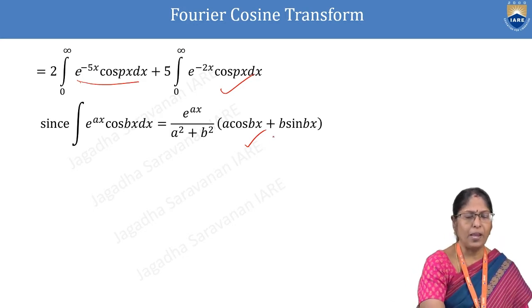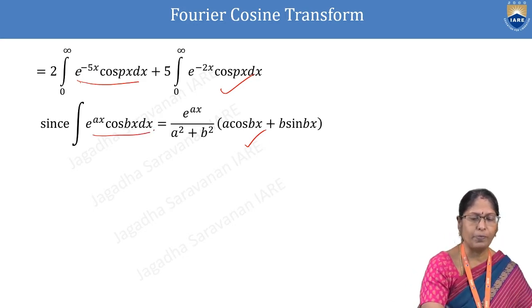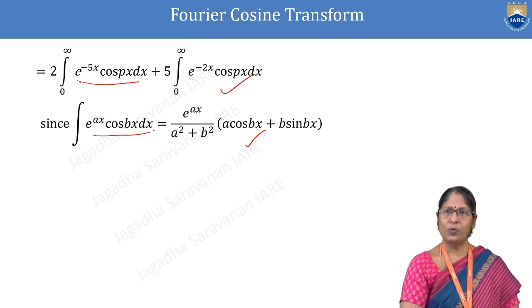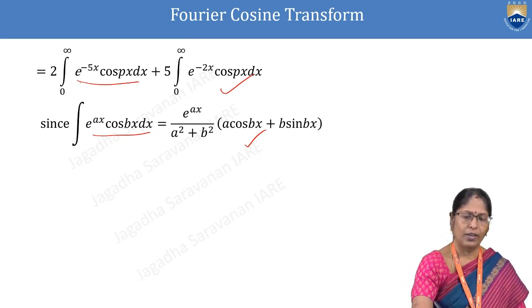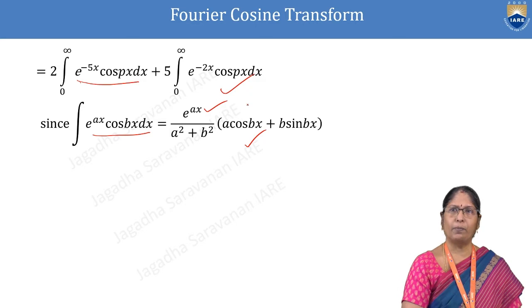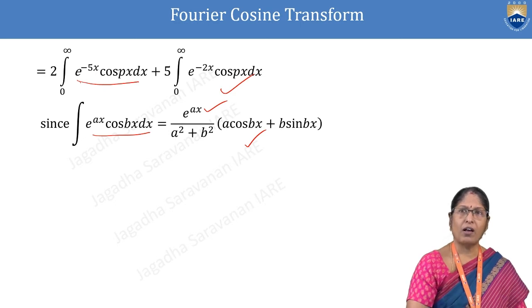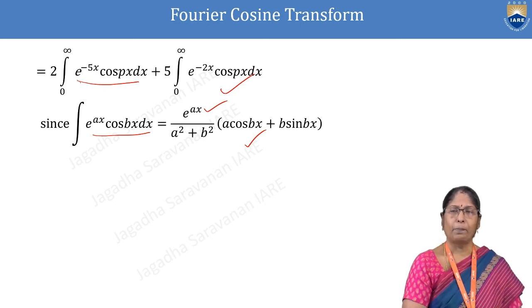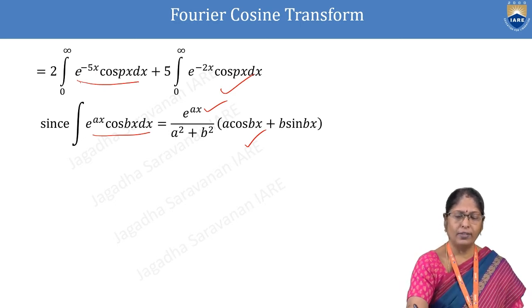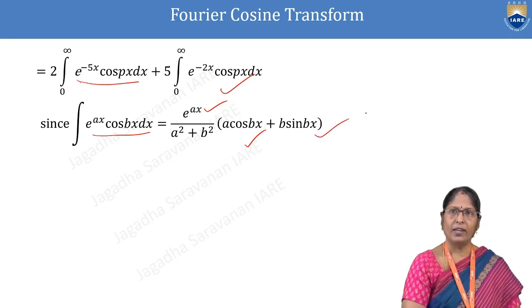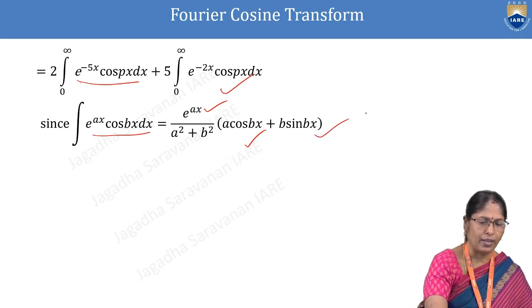The formula available: the integral of e power ax cos bx dx is equal to e power ax by a square plus b square into (a cos bx plus b sin bx). This is the formula. In the formula, a and b both are there.